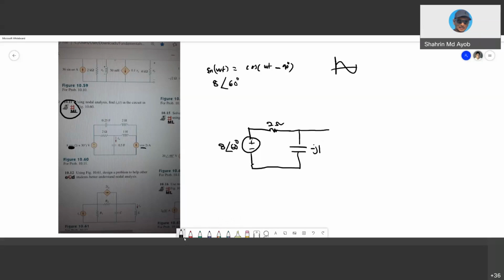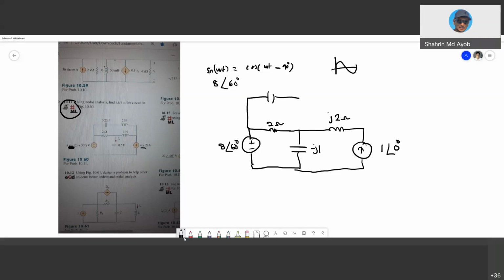And then, this one is very simple. This one is already 1 with an angle of 0, because there is no phase. And then this one is j2 ohm, omega multiplied with the Henry. Then this one will have another reactance.